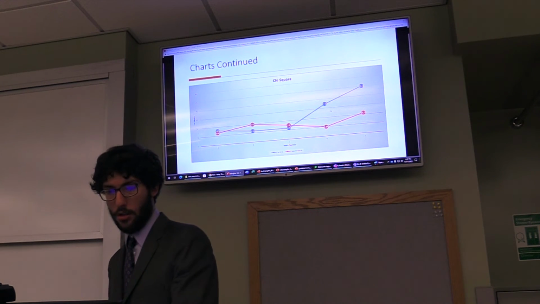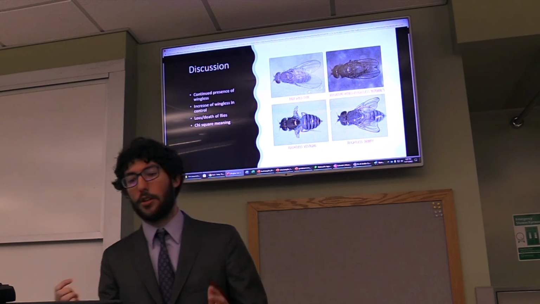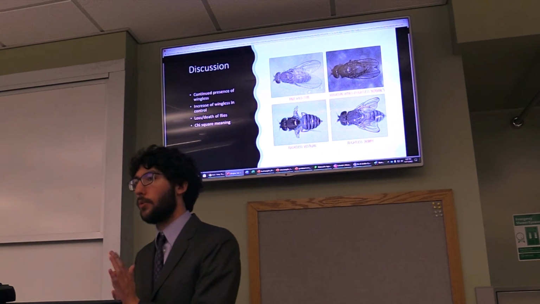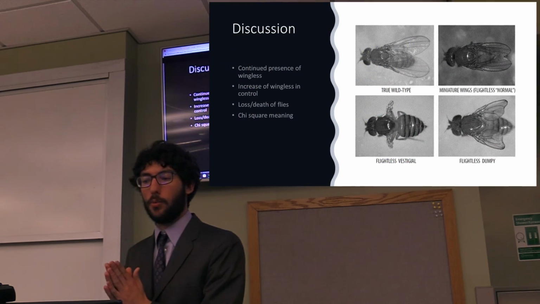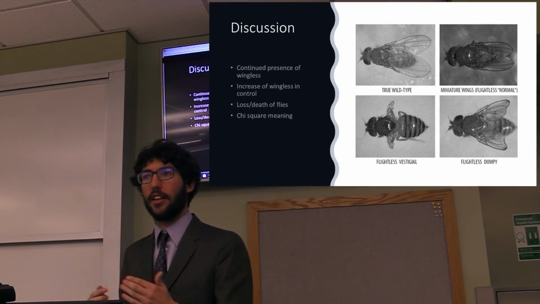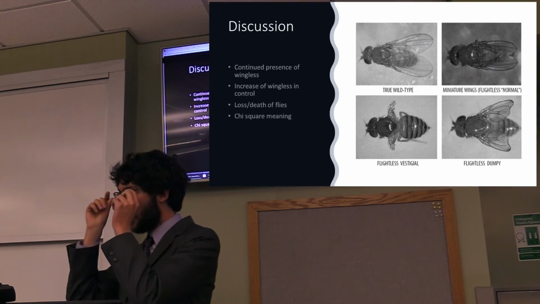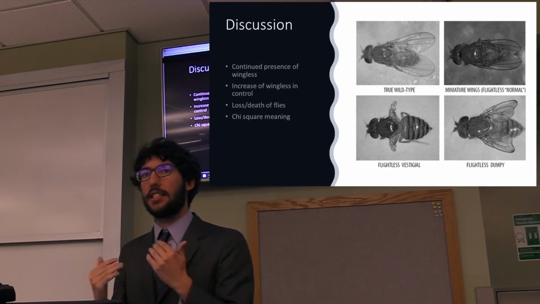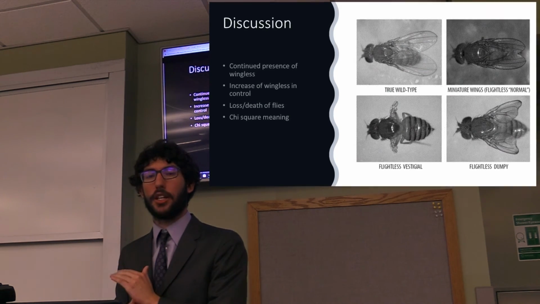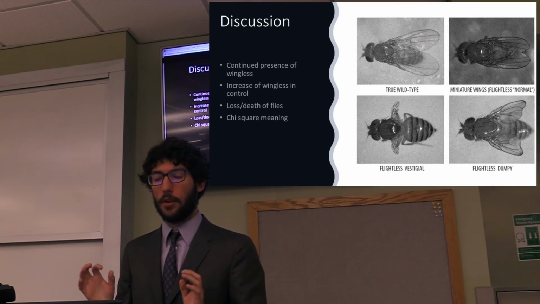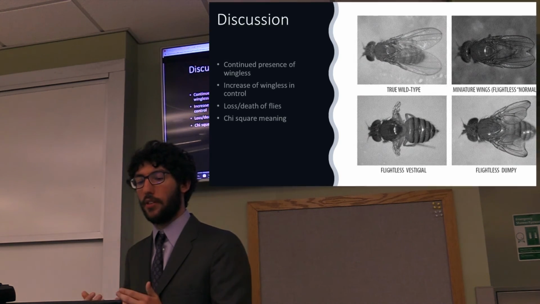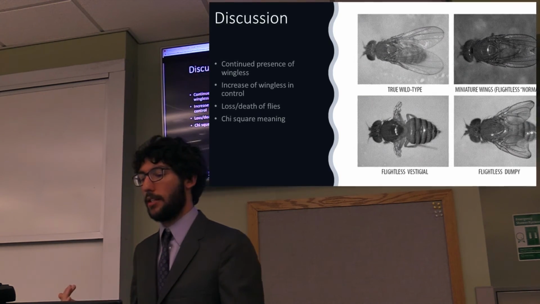And then here for the discussion, the continued presence of wingless, like I said, was a big thing that was important to see, that it's still there, because that also plays into the evolution talk, that these traits still stay around almost like a backup, but they're always there. And then the increase of the wingless was something that was really crazy to me again.